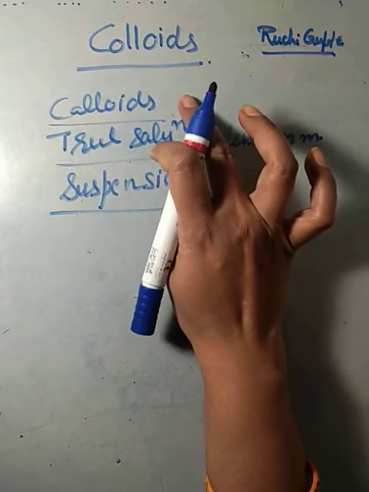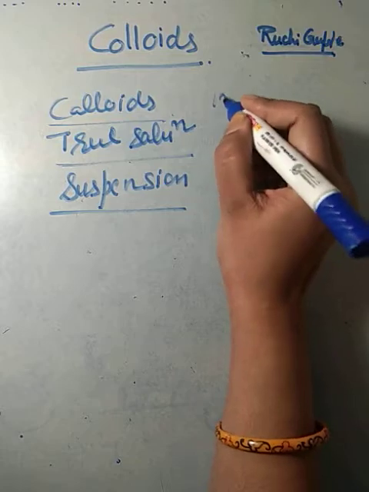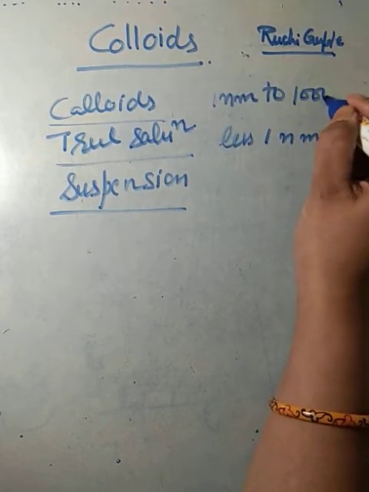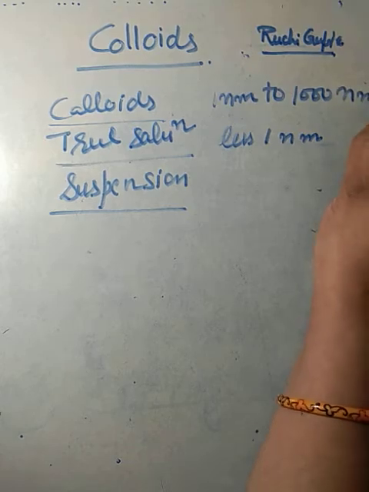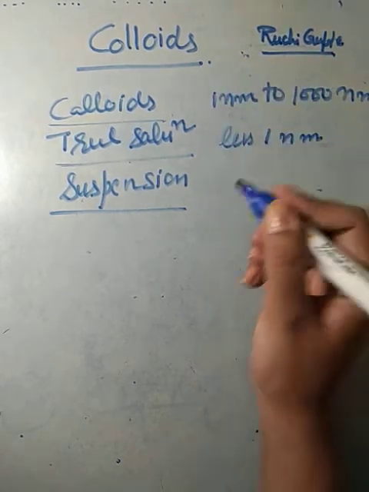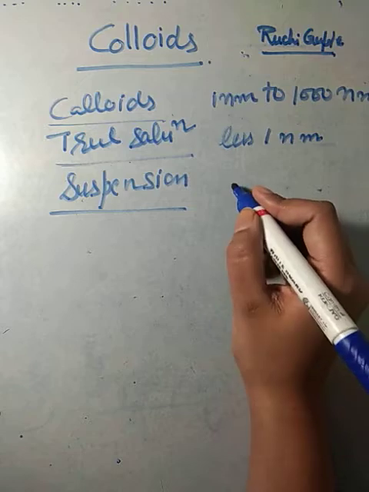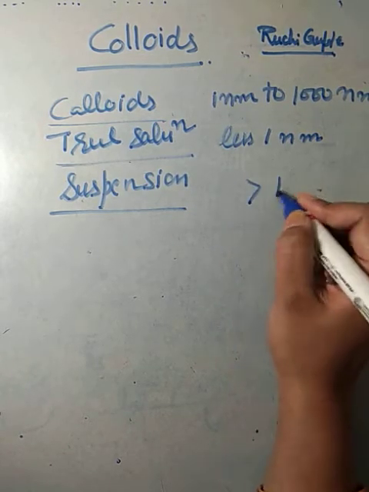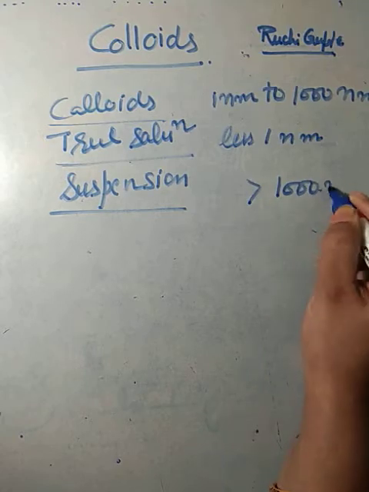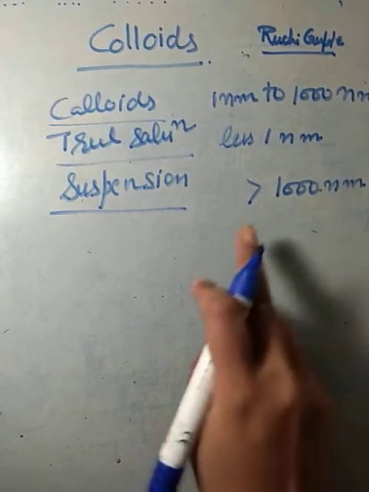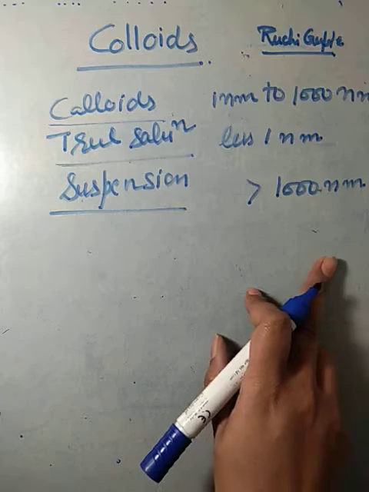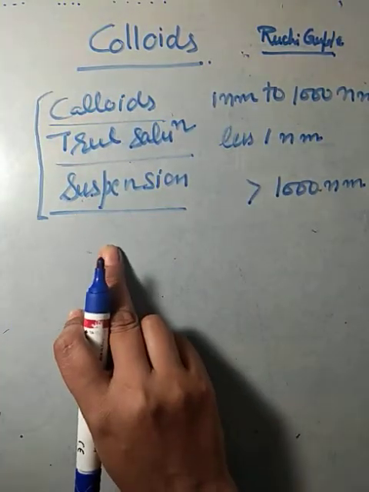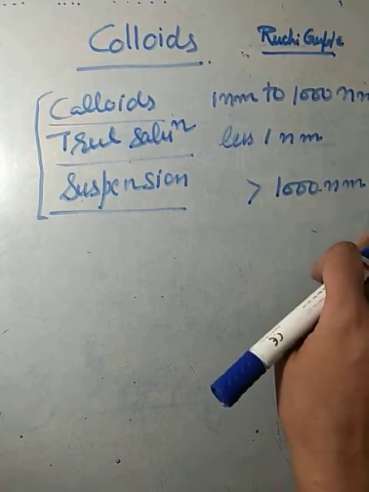In colloids, the size is between 1 nm and 1000 nm. For a suspension, the size is more than 1000 nm, greater than 1000 nm. So this is colloids, true solution and suspension on the basis of their particle size.